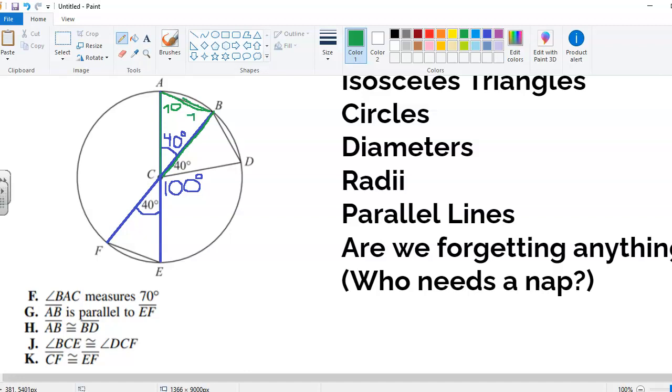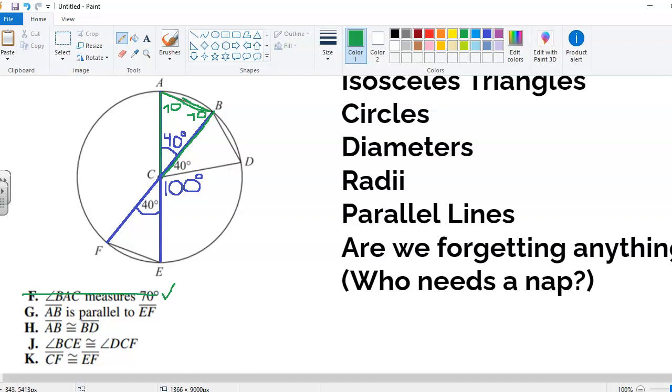So that means we would have to have a couple of 70s to make it work. 70 plus 70 is 140, plus 40 is 180. That statement is true, which means F is not the correct answer because we want to find the option that is not true.